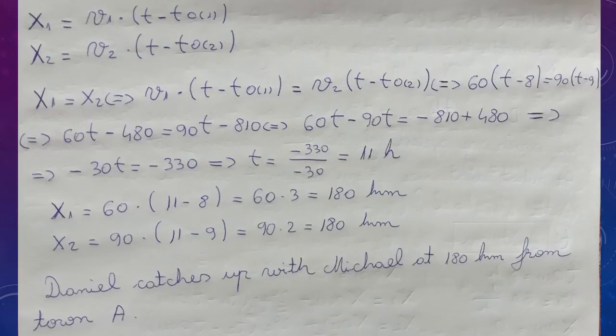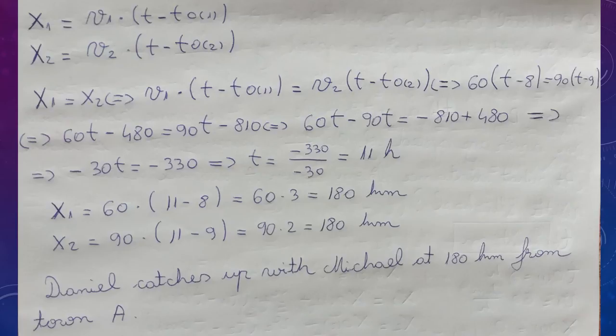We substitute these into the condition of meeting x1 equals x2, so v1 times (t minus t01) equals v2 times (t minus t02), and now we substitute the values of the variables we know. So 60 times (t minus 8) equals 90 times (t minus 9). And by doing the calculations, we obtain that t equals 11 hours.